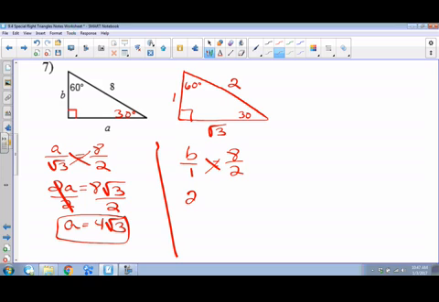So when we cross multiply, 2B equals 8, divide by 2, and B equals 4. Any questions?